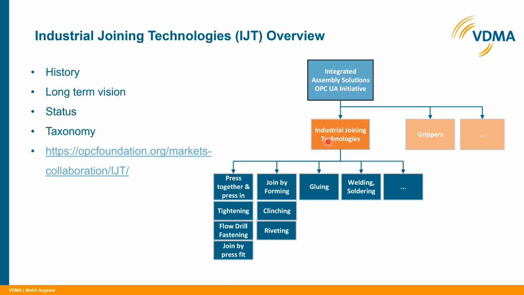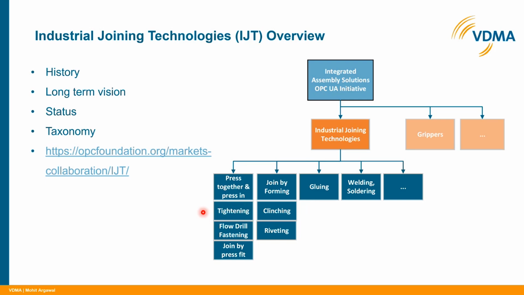So what we see on the screen is the taxonomy of the working group, and we created a lot of joining technologies and placeholders here. But we had to start at some point. So we started the technical work in 2019 only on the tightening use cases.